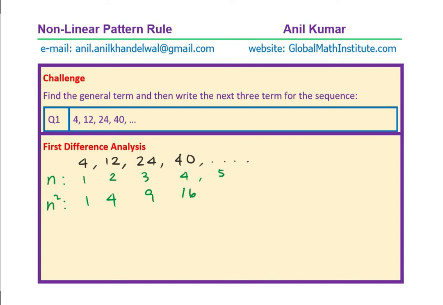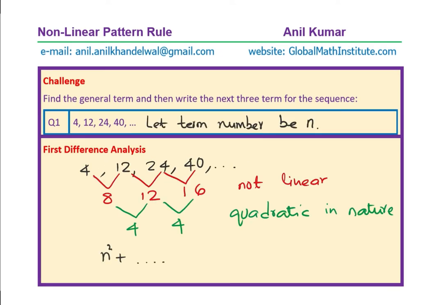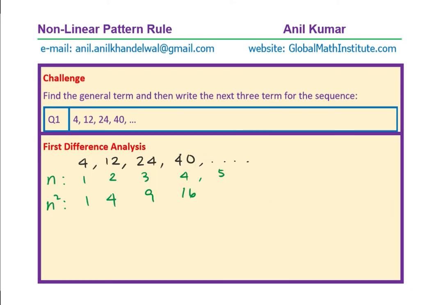Now, from these terms, how do we get 4, 12, 24, and 40? What should we add to get those terms? That is one thing which we are looking into. Let me also remind you that the finite difference was, in this case, 4. So let's write down that the second finite difference is 4.